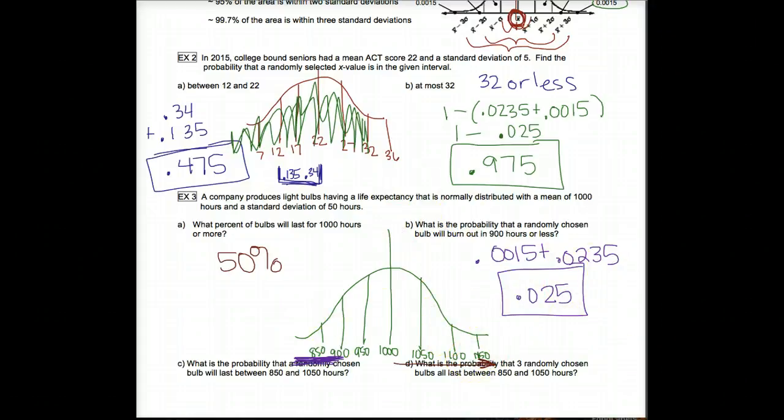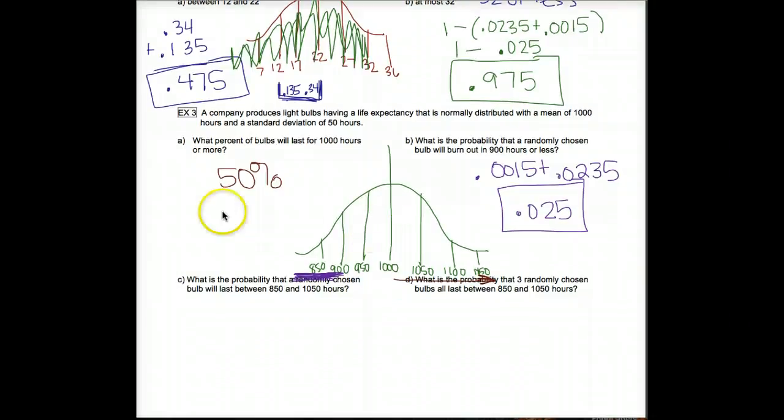C, what is the probability that a randomly chosen light bulb will last between 850 and 1,050? So 850 and 1,050 is this area right here. I'm trying to use different colors. So this.